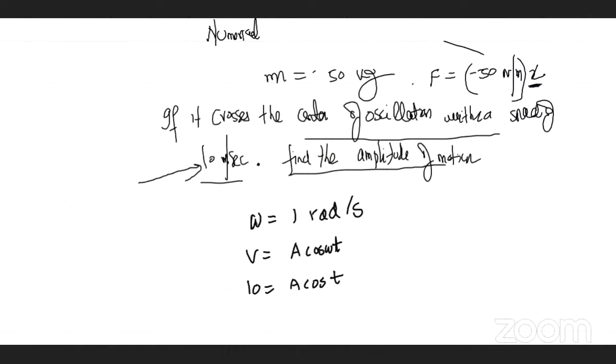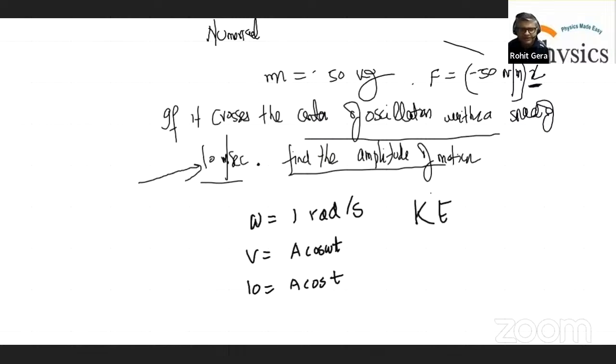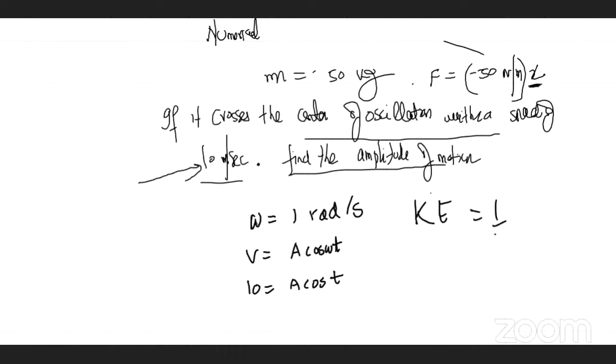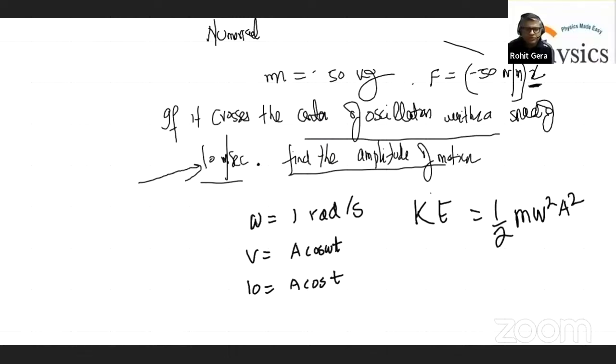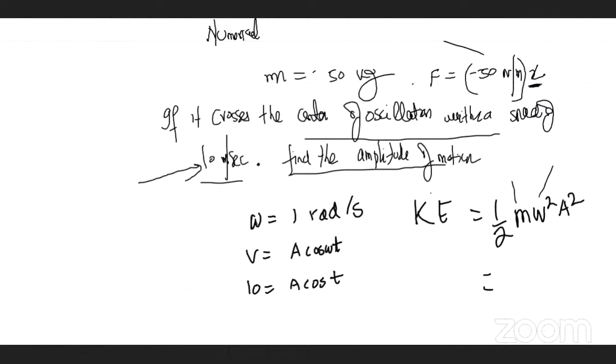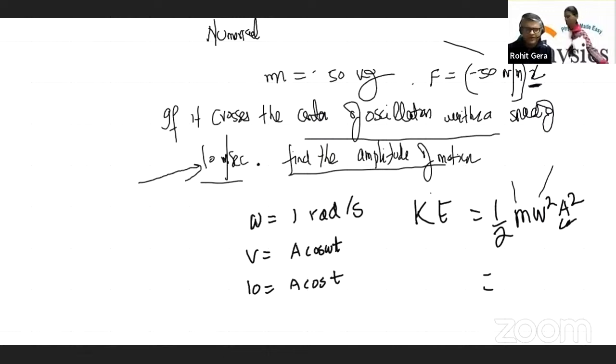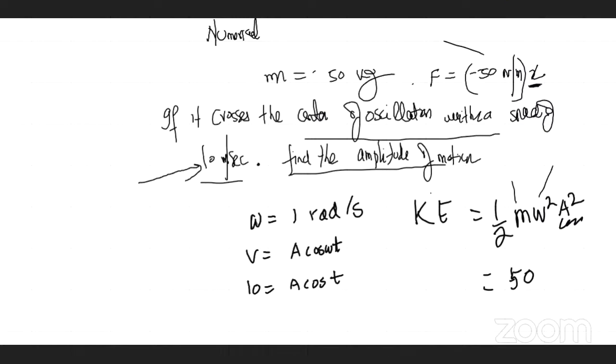So write the expression of energy, saying that at the center of oscillation the complete energy is kinetic, which is the total mechanical energy, half m omega squared A squared. So you know omega. But you can write it as V is equal to A omega because it is maximum at the center, right? So half m V squared will come.